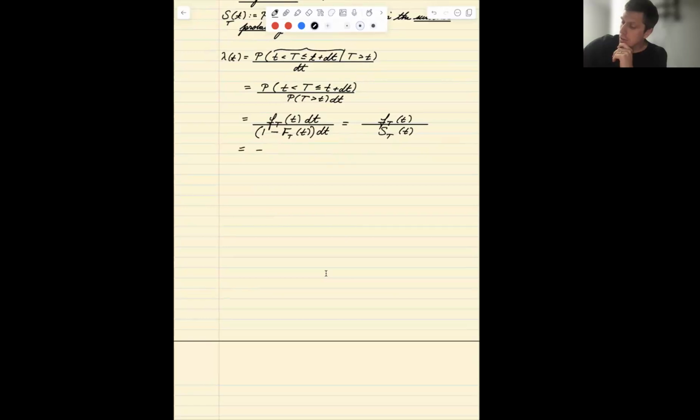Incidentally, the density over the survival function is the negative of the derivative with respect to t of the log of the survival function. We'll see how that's useful. It's actually more useful than you could probably imagine right now. So let's look at an example.